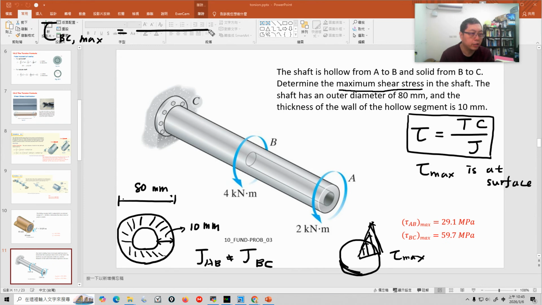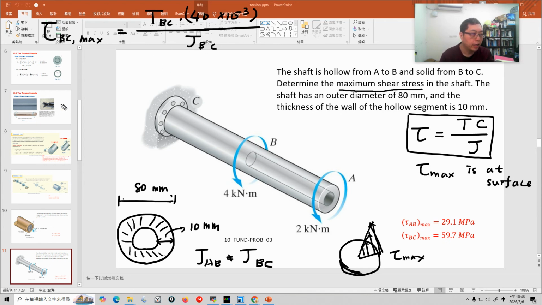I need TBC times the radius at the surface, TC. It's 40 times 10 to the power minus 3. Be careful, this line is the radius, not 80 millimeter. Then divided by JBC.